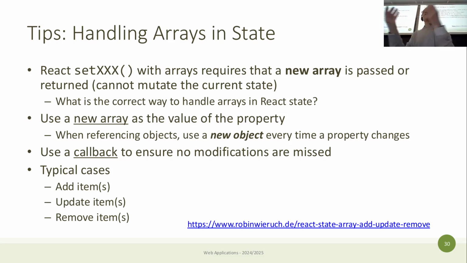Because React compares the value of the previous state and the current state, and if it's different, okay, it triggers this re-render. If it's equal, it doesn't go down and check all the details of your state. So if it's an array, it can see that the reference is the same. It assumes everything is the same, and it does not re-render. Okay, at least in theory.